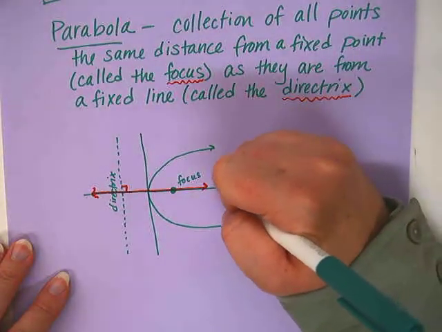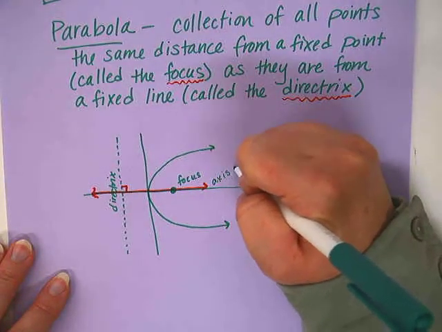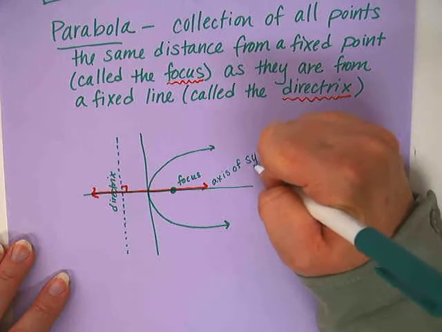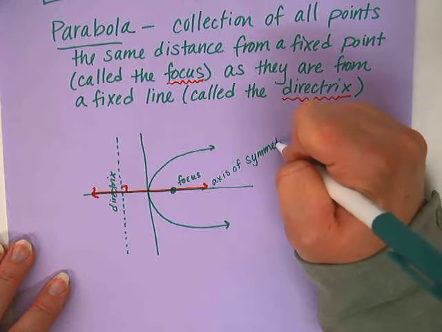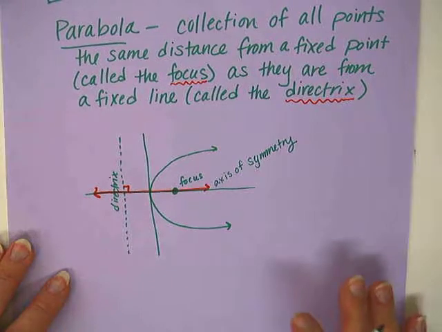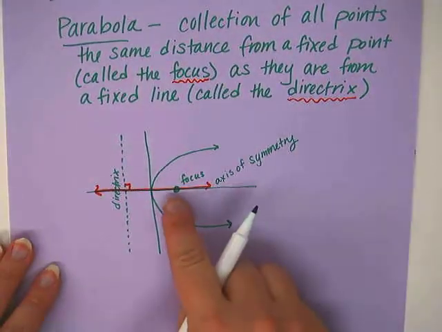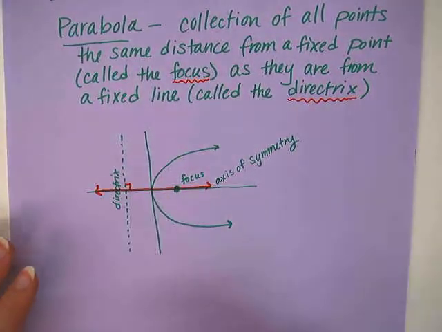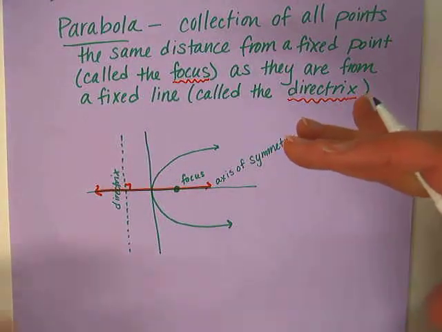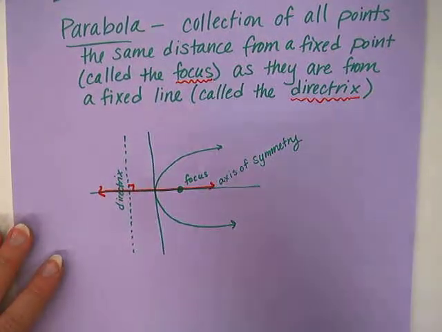Have we heard that before? Pretty sure we've talked about that before. So the axis of symmetry goes through the focus perpendicular to the directrix, and it's called the axis of symmetry because it's symmetric on both sides.